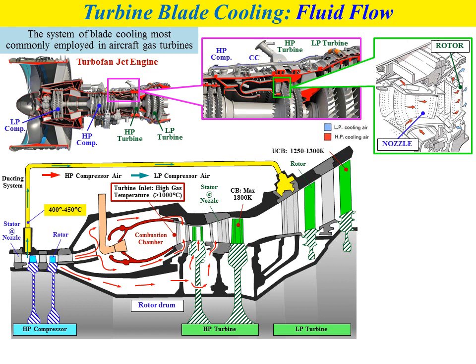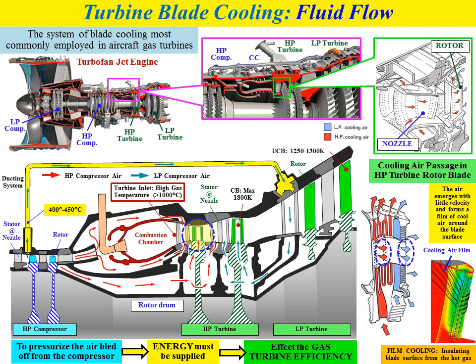So the low pressure cooling air will flow through the ducting system and enter the first nozzle for the low pressure turbine, flow through the nozzle, and enter the second nozzle of the high pressure turbine, as shown in the figure.